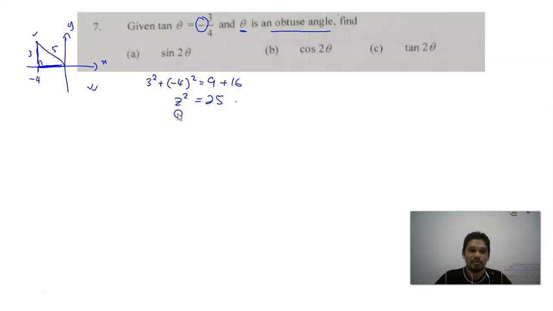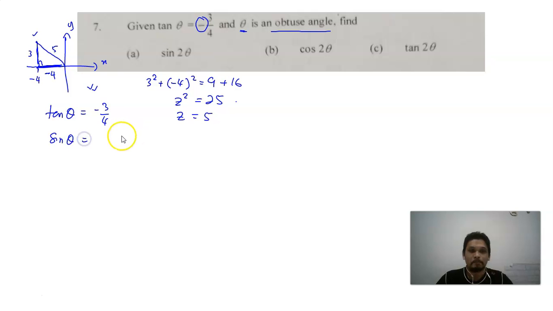This is z squared, and z equals 5. This is the coordinate of negative 4, so the distance here is 4, negative 4, 4 to the left. 3 and 5. Then tangent theta equals negative 3 over 4.